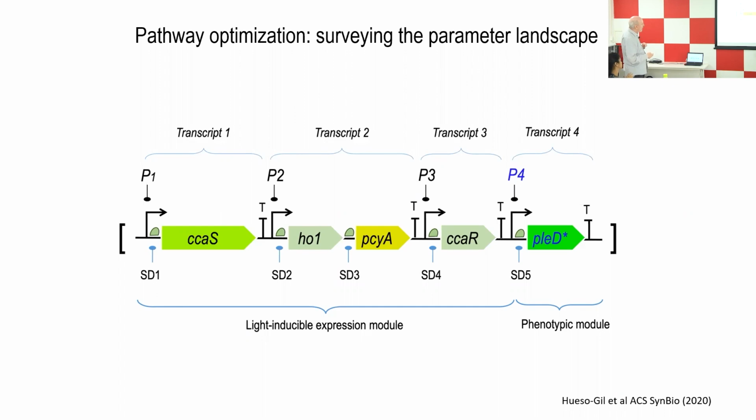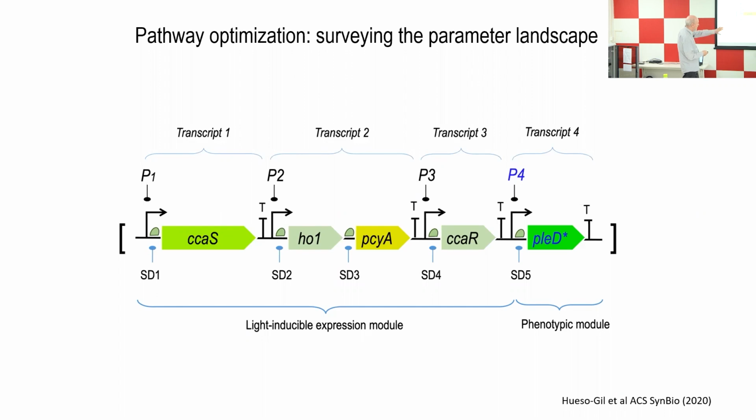So in this case, what we did was to take the same optogenetic device that I showed you before, but instead of having GFP at the end, we had another gene of interest, which is a cyclase for cyclic di-GMP. So the idea is that if this cyclase is expressed, then you form a lot of cyclic di-GMP, and then cells stick to the surfaces like crazy.